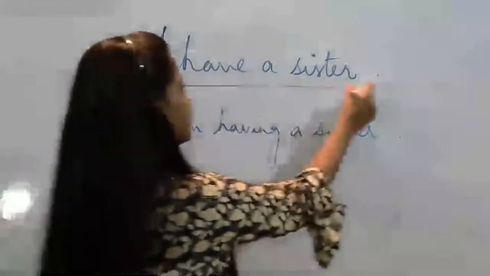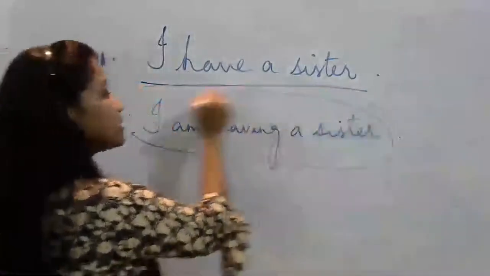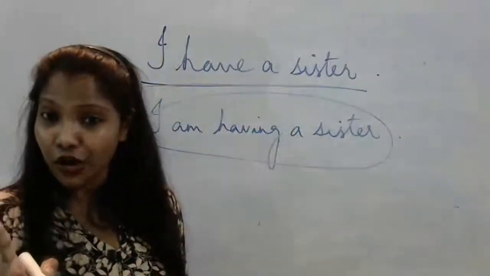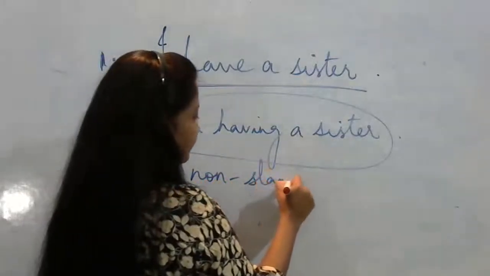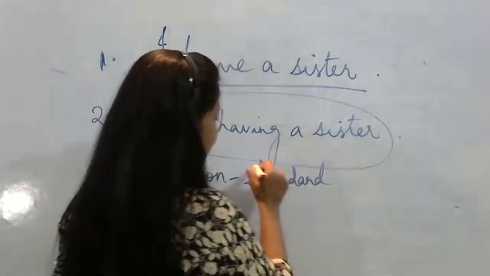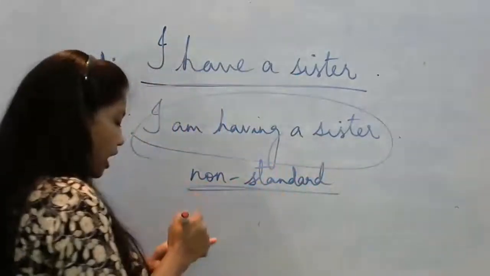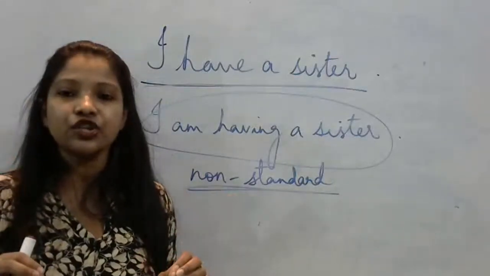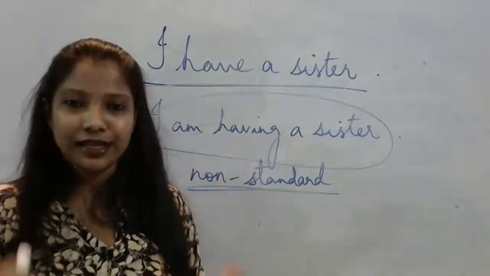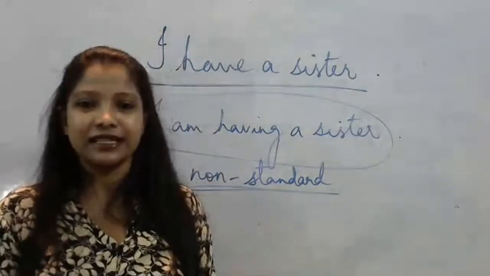This is the right sentence, and this is considered, I will not say it is wrong, I will say it is non-standard. Now, a very important point: relationships are expressed in simple present tense.